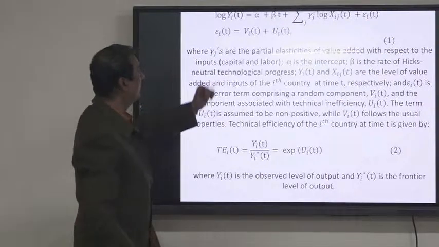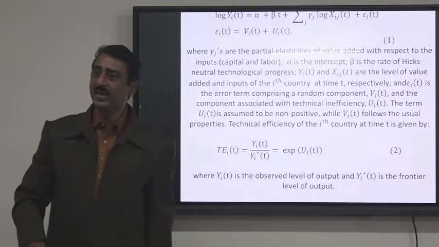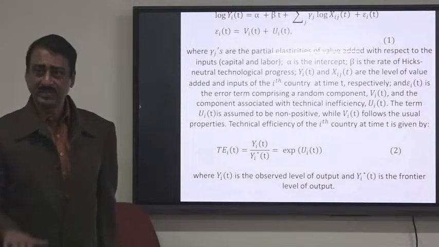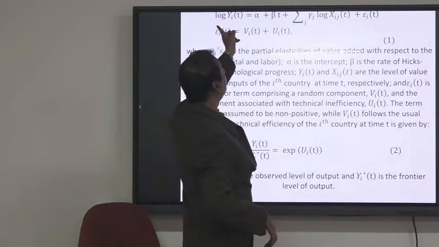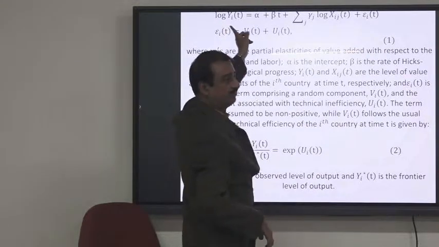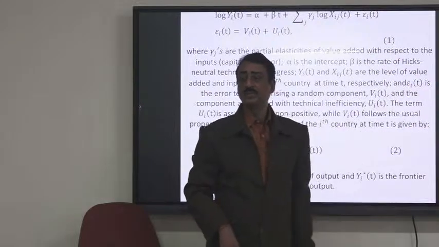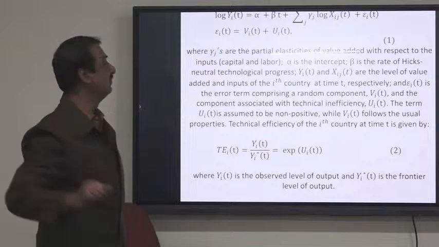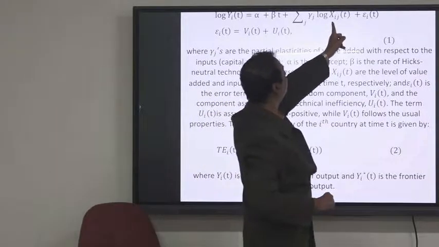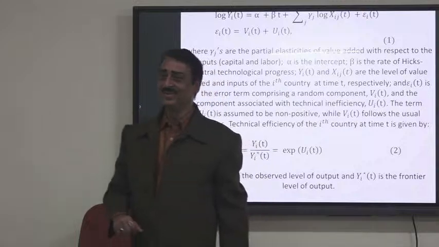Basically, in panel data estimation, the growth accounting and the econometric methods I have explained to you. In panel data, what you try to do is first regress the log of output on the log of various inputs for each of the industries over a period of time. That is why you can see the subscripts I, J, and then T is also there.